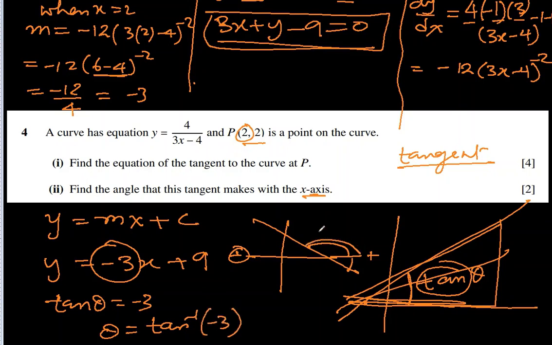Now there is a possibility that I will get an obtuse angle or a negative angle. Whatever I get, I will assume that as an answer. So when I put this in my calculator, I get minus 71.56 degrees. Minus 71.6 degrees is the angle this line is making with the positive x-axis. If someone takes negative, this will be the angle.